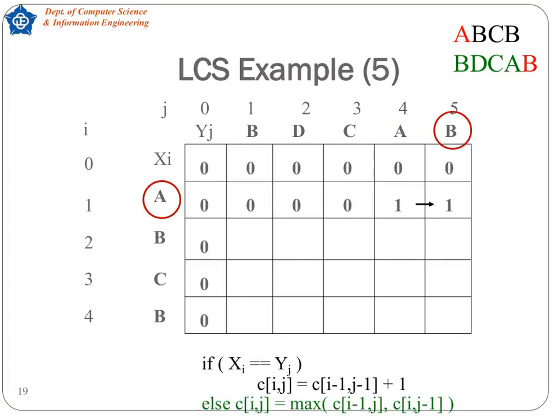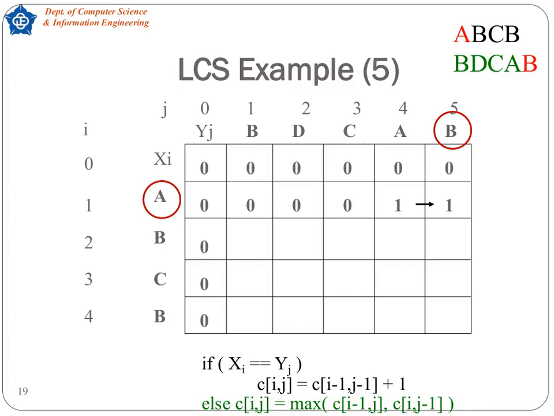Building on our last example, we now fill the cell at row 1, column 5 of the DP table for x equals ABCB and y equals BDCAB. Here the highlighted characters are x equals A and y equals B. Since A does not equal B, we follow the else case of our recurrence.